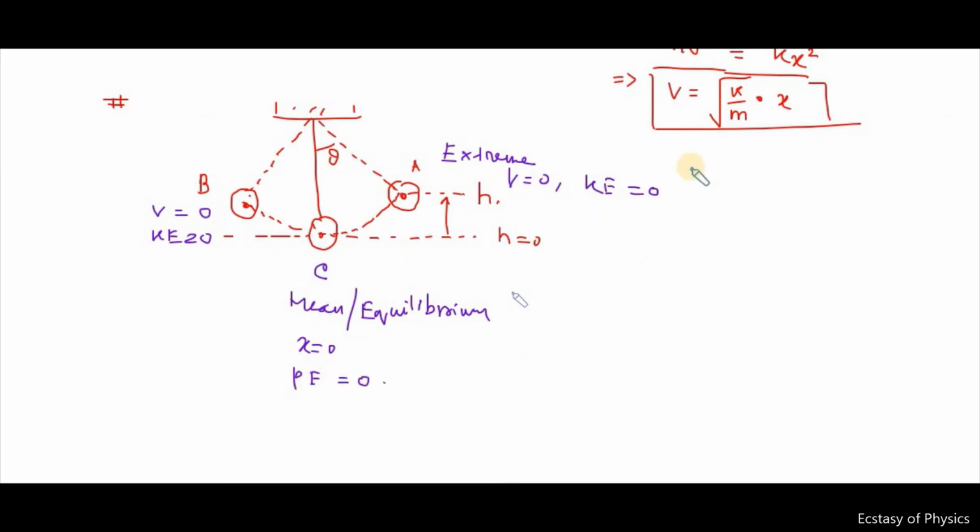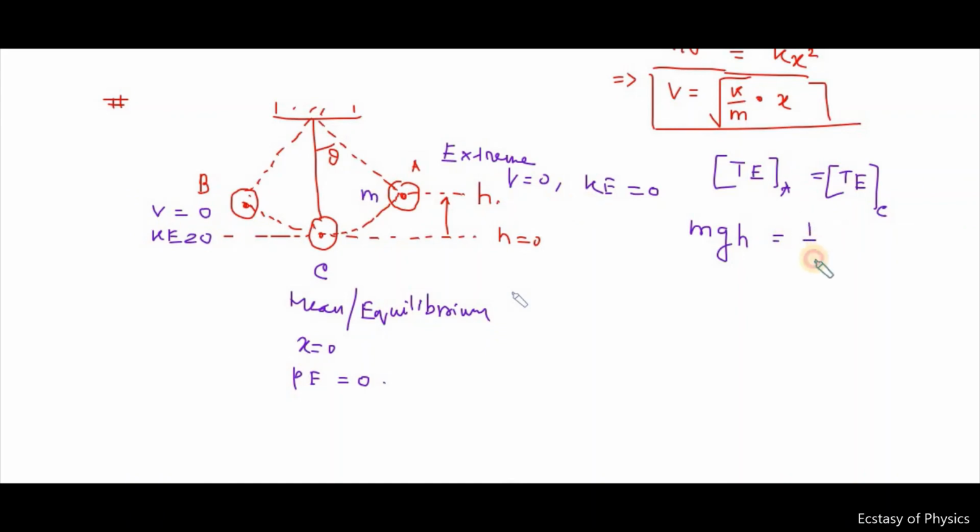So here also we can apply the conservation of energy between point a and c. The total energy at point a is equal to the total energy at point c. Total energy at point a we can write as m g h, where h is how much the bob is shifted vertically and m is the mass of the bob.